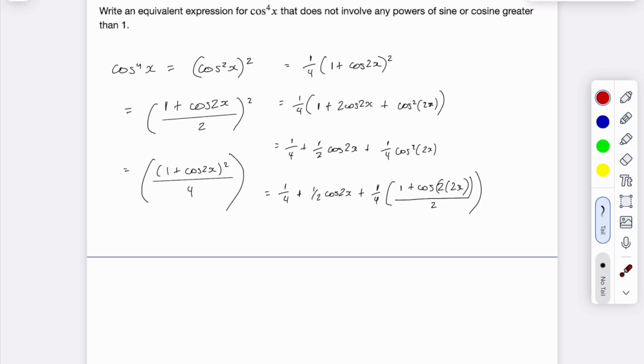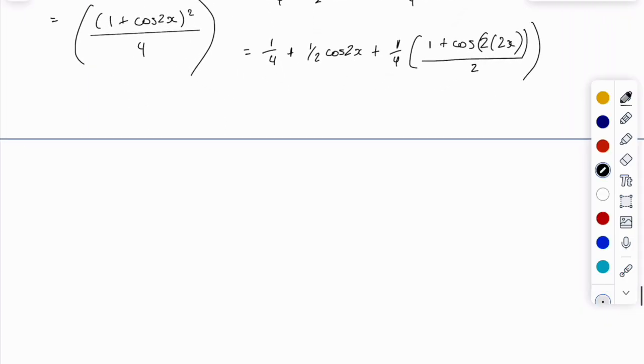Right, so we can expand this out even further now. We've got a quarter plus half cos 2x, and if we expand this out, we get an eighth plus an eighth of cos 4x.